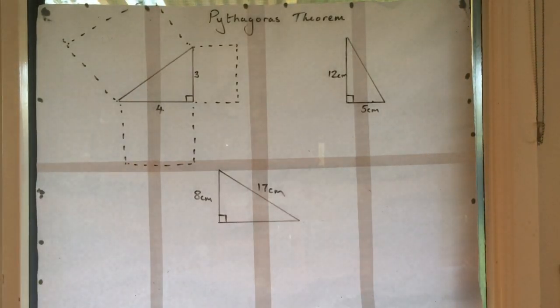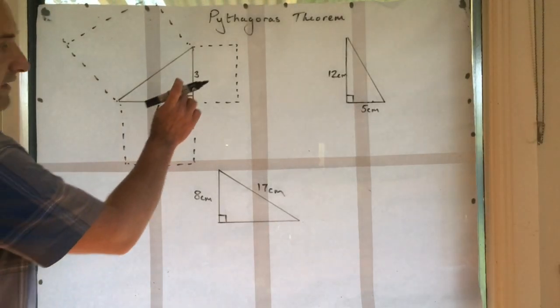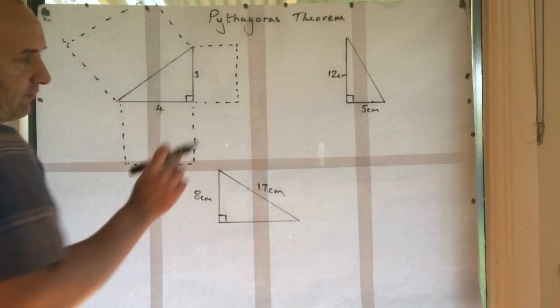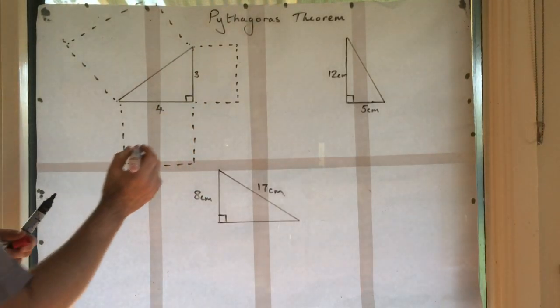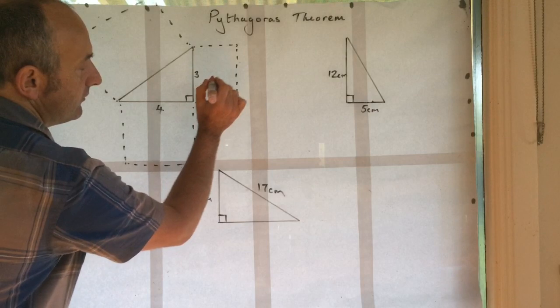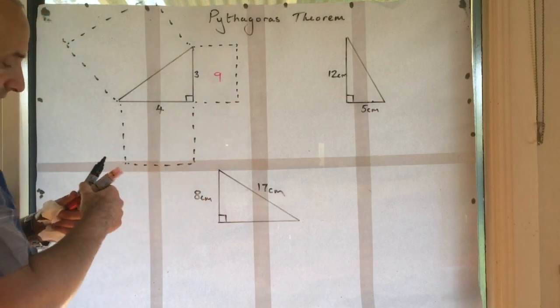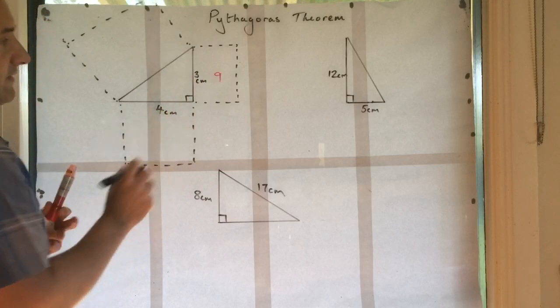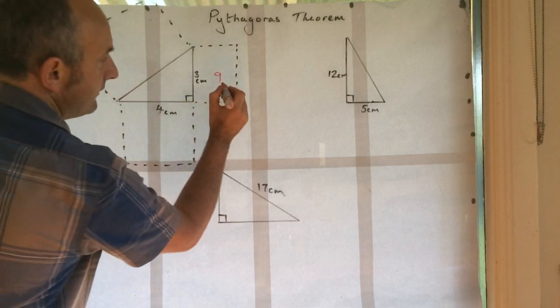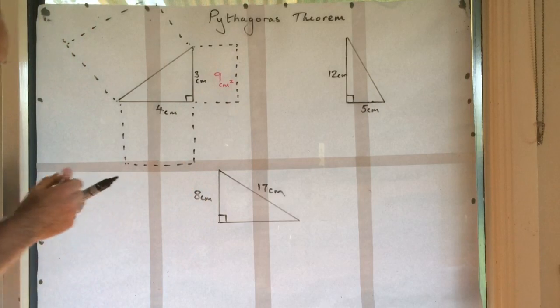So, we know that this is 3 and this is 3. So the area of this square must be 3 times 3. So this has to be 9. And if this is 3 centimetres and this is 4 centimetres, then this must be 9 centimetres squared.